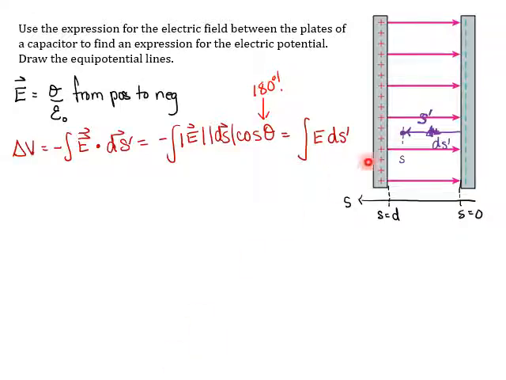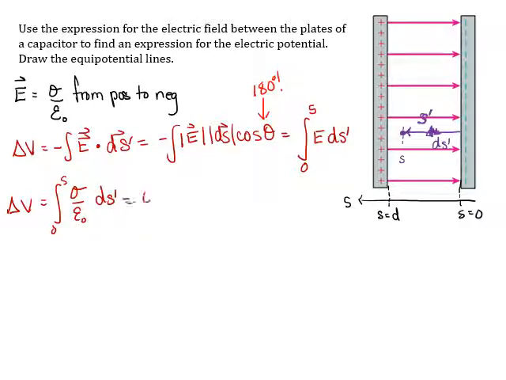The limits of our integral: we're starting at the negative plate, that's s equals 0, and we're stopping at some general point between the plates, so some value of s. All right, we can take our expression for electric field and fill it in right here. So delta V is equal to the integral from 0 to s of sigma divided by epsilon naught, integrated by ds primed.